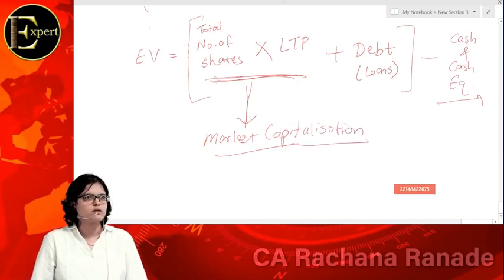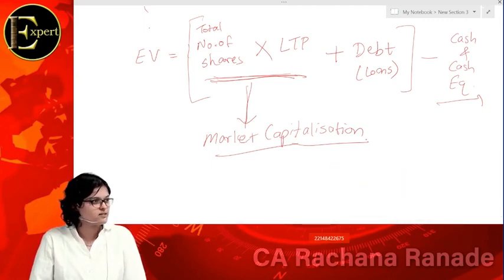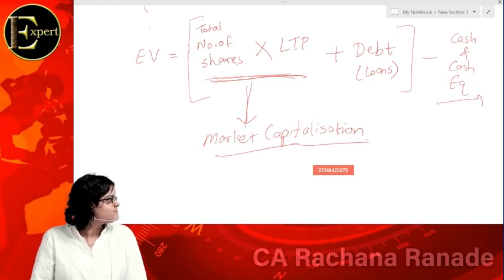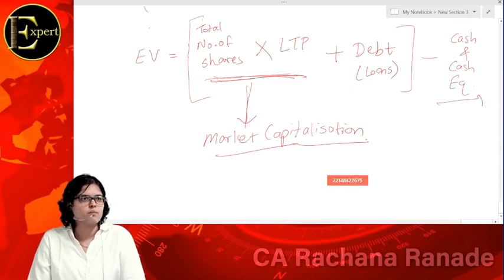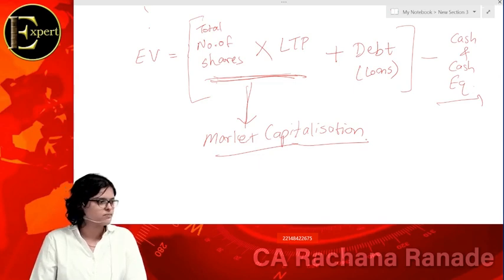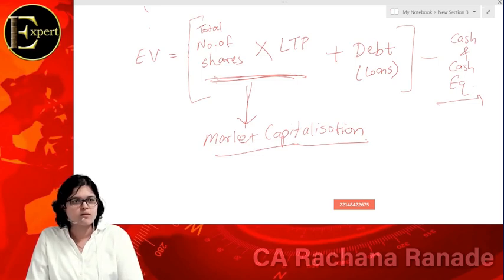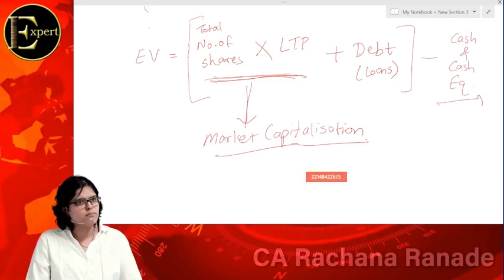LTP is last traded price. I said latest, sorry, it's last traded price. Plus debt, that is loans. Close the bracket, minus cash and cash equivalents. I hope you have understood the meaning of enterprise value.